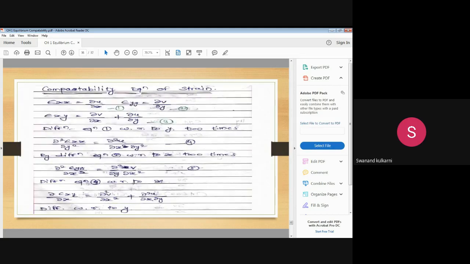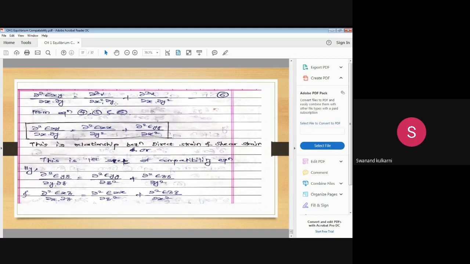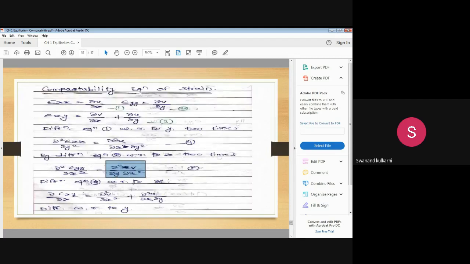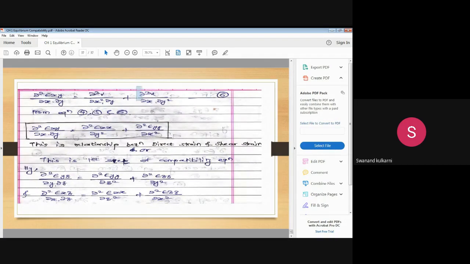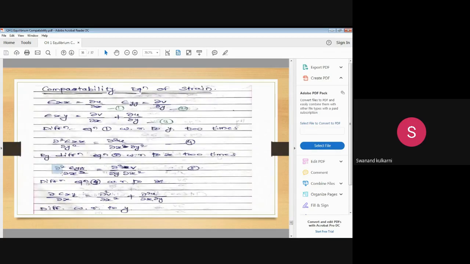Now let us refer to equation 5 and equation 6. Previously we have seen here, this is ∂³v/∂x²∂y, ∂³v/∂x∂y² here. And similarly for this one, for equation 6, for that ∂³u/∂x∂y². Okay, so ∂³u/∂x∂y².